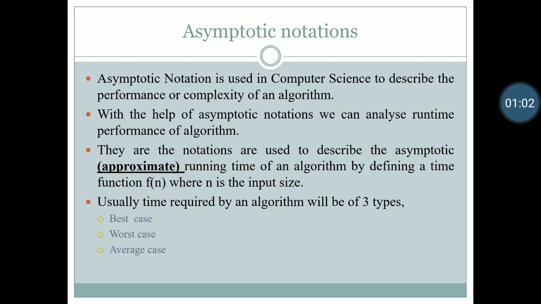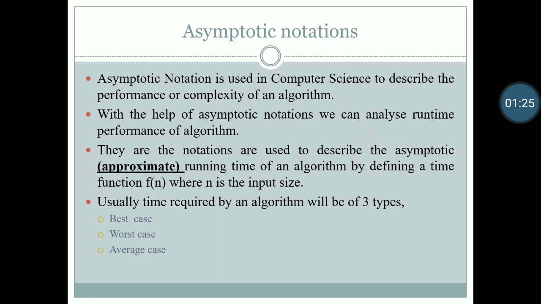For describing those complexities, we will use asymptotic notations. With the help of these notations, we can analyze the runtime performance of an algorithm. Runtime performance is like best case, worst case and average case that we already studied in the previous lecture.